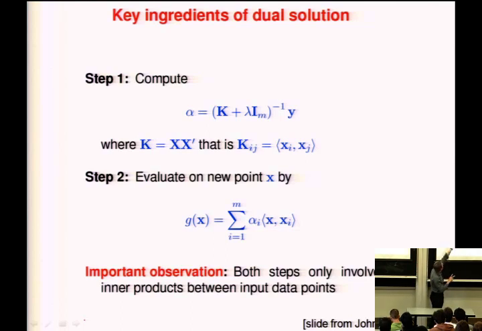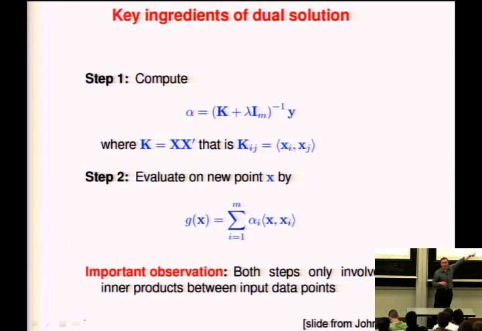Here we've written this as K, where K is, again, X times X transpose. And as we said before, the ijth element of that matrix is just the dot product of two of our training examples. So that's step one. We solve for alpha in terms of that, and then we classify our new point accordingly.